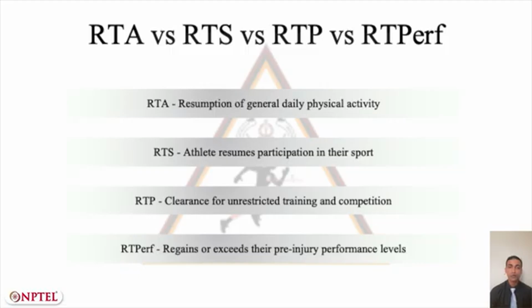This stage focuses on safe reintegration into functional movement and lifestyle activity following an injury or a surgery. It does not require full athletic performance or sport participation. It is often an intermediate goal before progressing to sport specific rehabilitation.